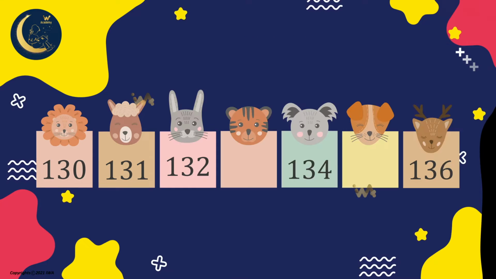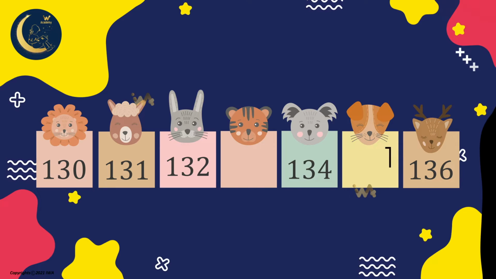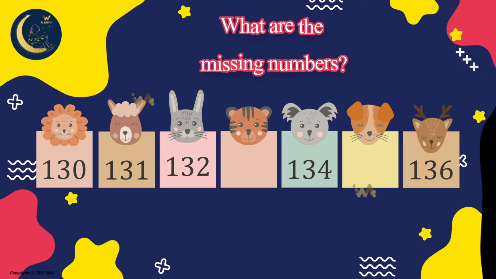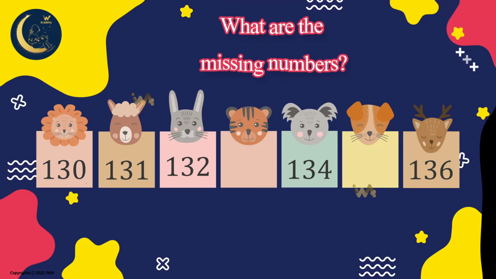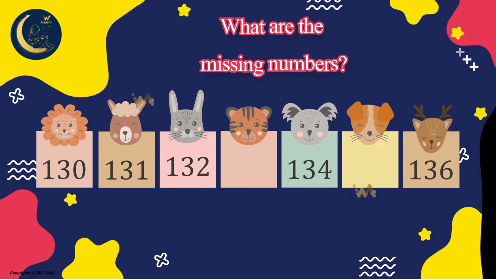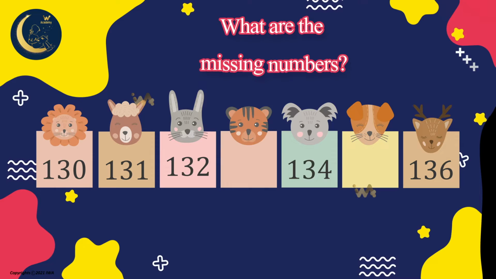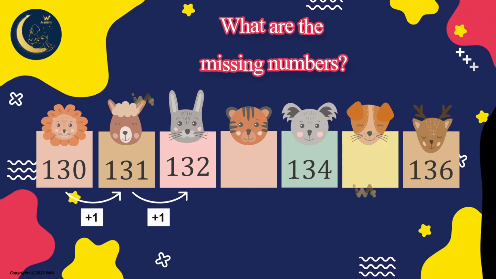Look at these squares. There are numbers inside of them, but there are some missing numbers. How do we know the missing numbers? Here is the number 130. And here is 131. And here is 132. Did you notice that every time we move to the next number, we add 1?